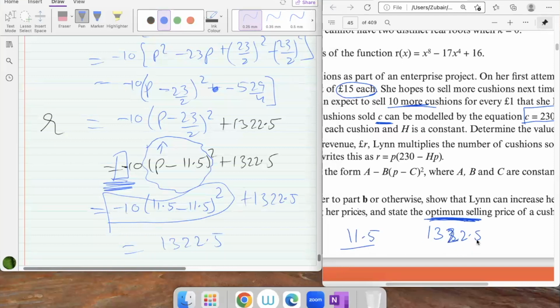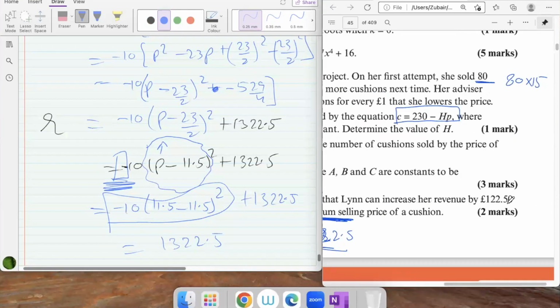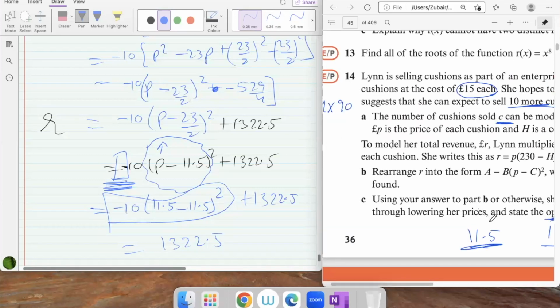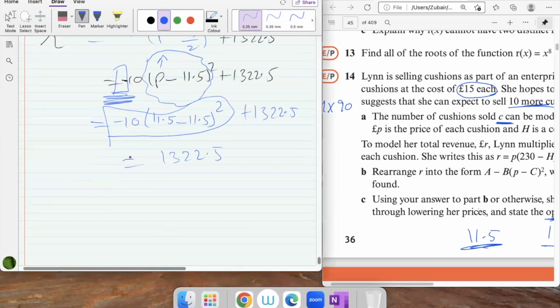One part. And the second part was show that Lynn can increase her revenue by 122.5 through lowering her prices. So we can use two different values. For example, minus 10, if I use value of P, I've used 11.5, I'm using 10.5, or use 12.5.